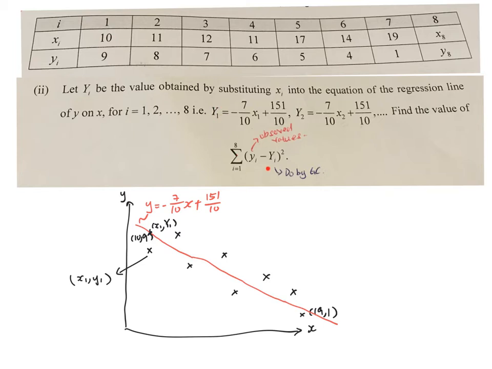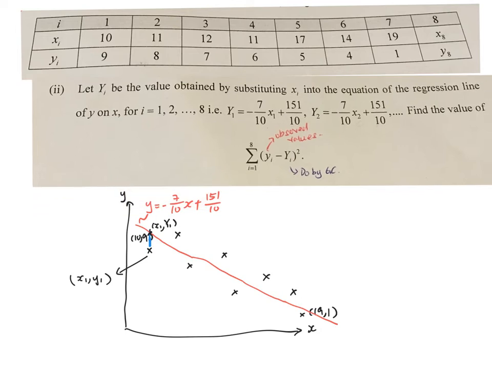So what are we doing? We're actually finding all the differences here, the sum of all the differences. If you think about it, this is the summation of y1 minus capital Y1, y2 minus capital Y2. And what is small y1?